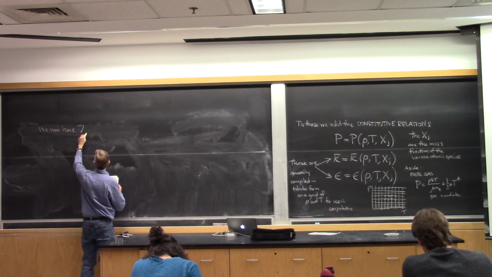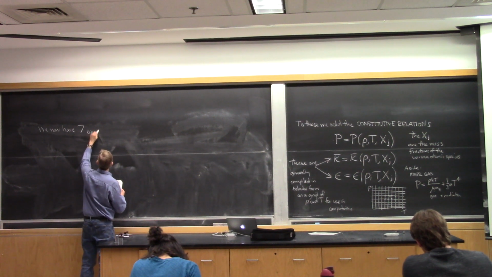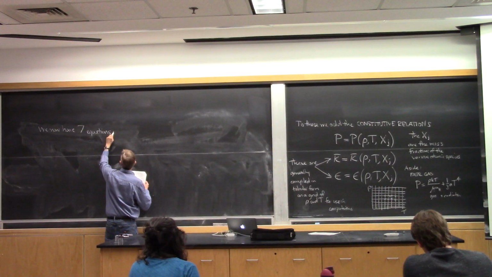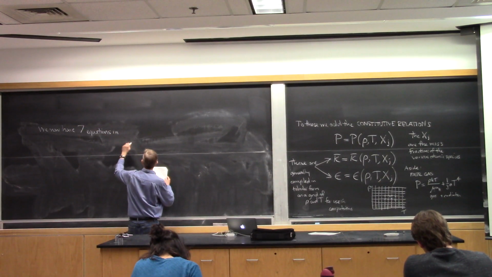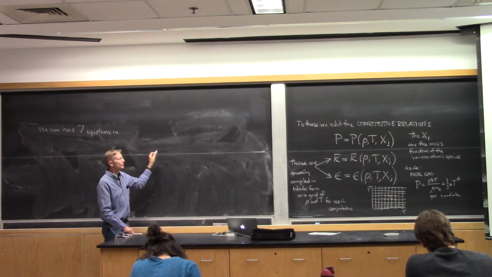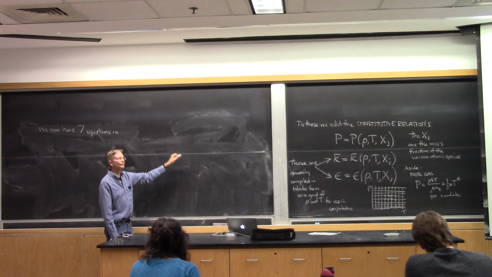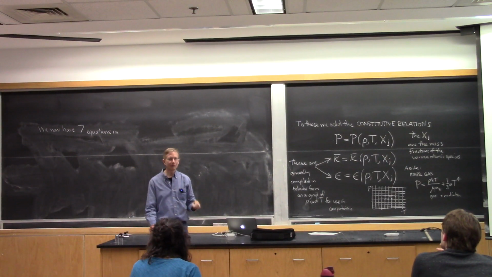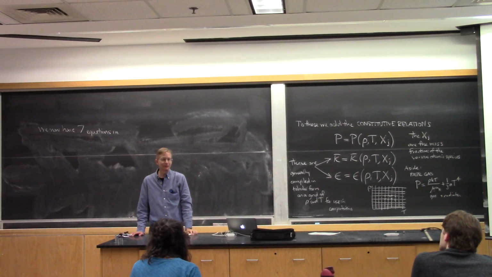7, count them, 7. 1, 2, 3, 4, 5, 6, 7 equations. Well, 1, 2, 3, 4a, 4b, 5, 6, right? You all know, by the way, that you have, this is great for 5-year-olds and it works on adults too.